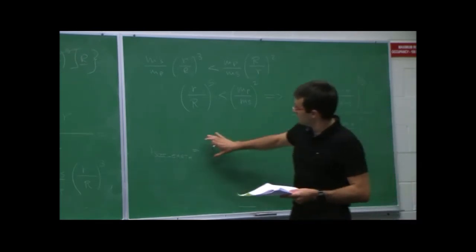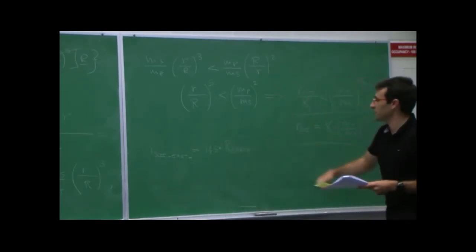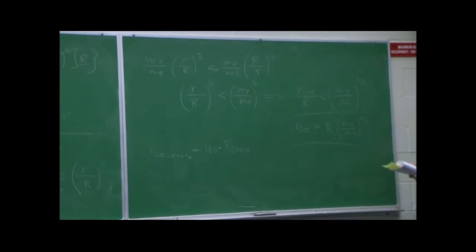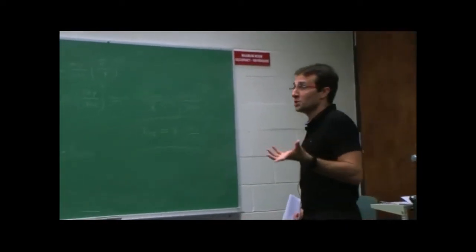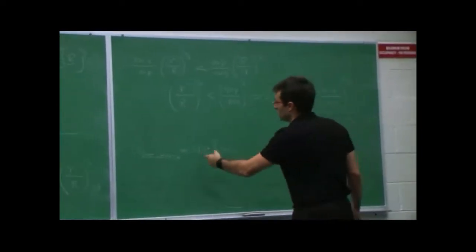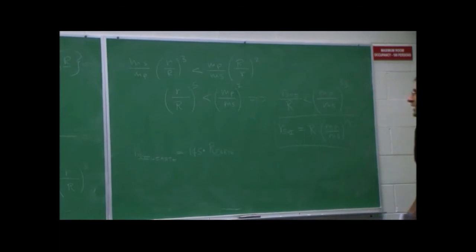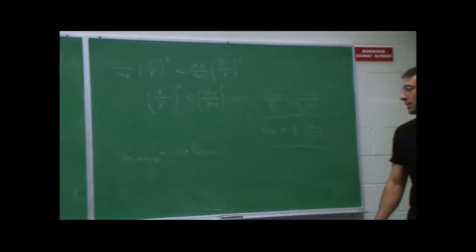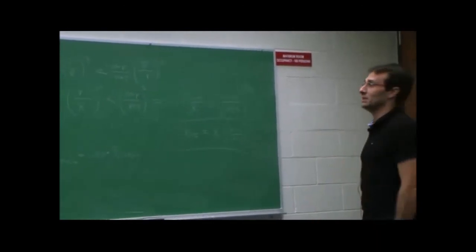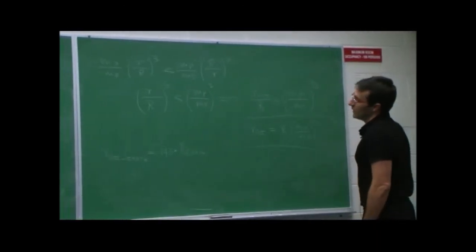So the sphere of influence of the planet is 145 times that, which obviously means, can I say that the moon is outside the sphere of influence? Of course not. It wouldn't make any sense. The moon is orbiting the Earth. It better be inside the sphere of influence. So definitely this approximation doesn't apply to the moon. So if we're flying to the moon, we can't do this patch conics business. You definitely cannot do that.